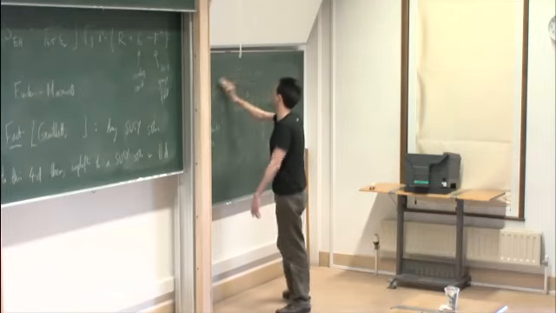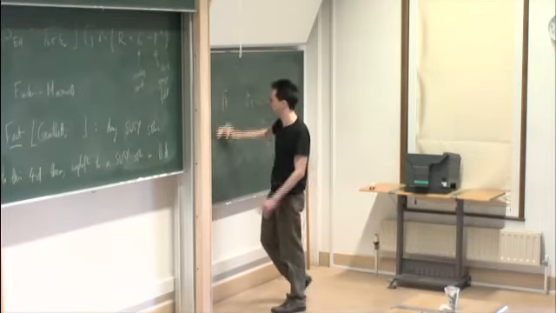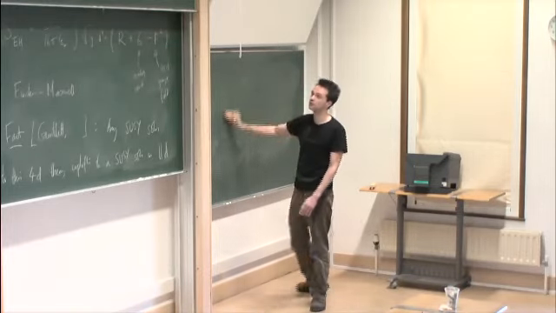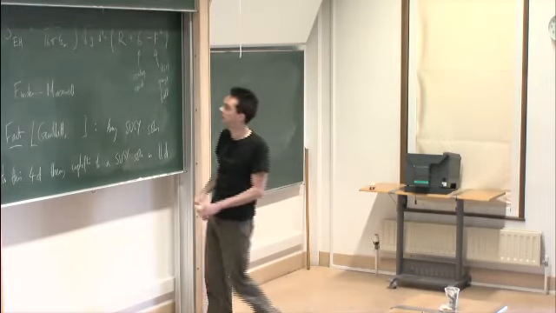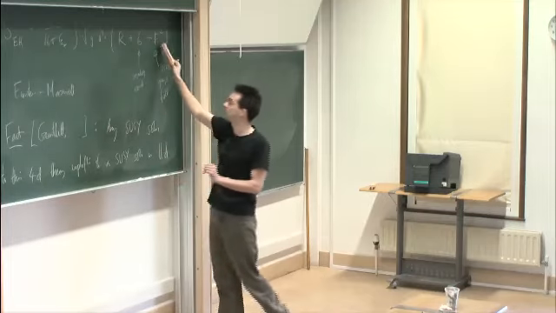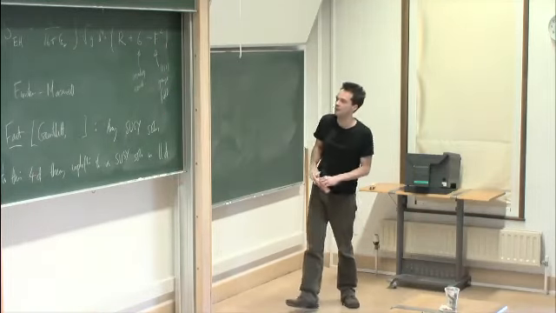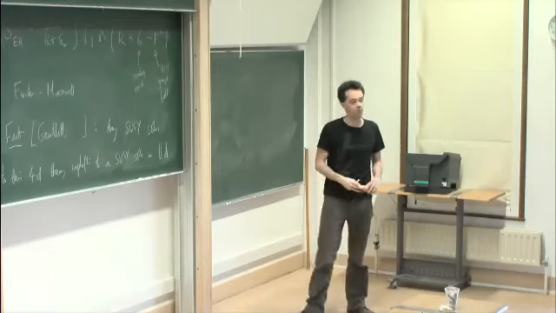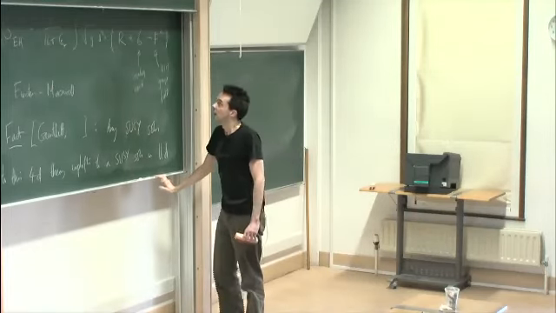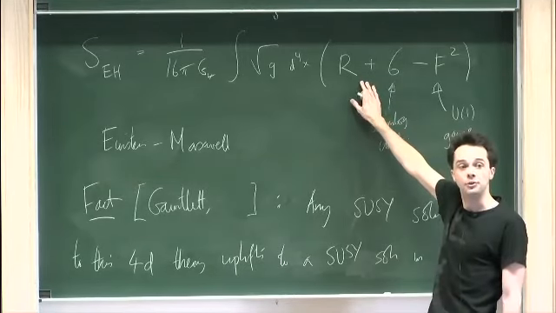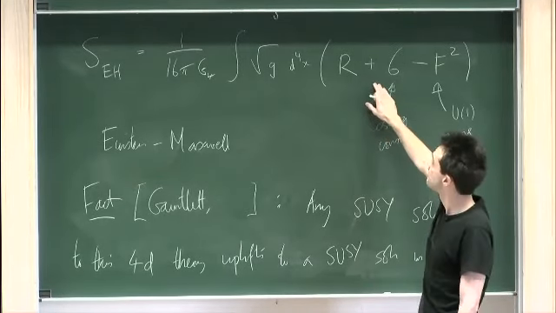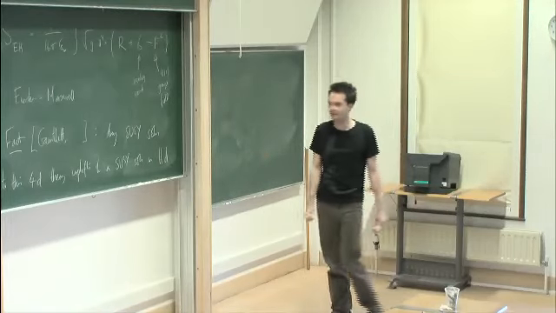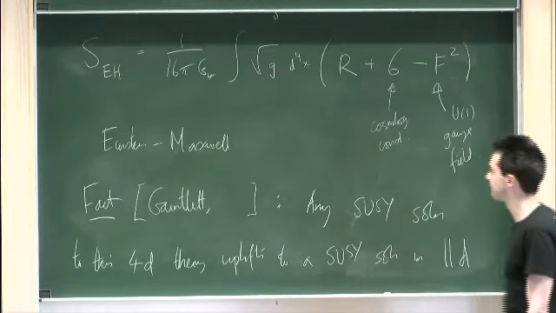Okay, so another way of saying that is that there's a consistent truncation of 11-dimensional supergravity to this 4-dimensional gauged supergravity theory, which keeps just the metric and a U(1) gauge field. And because of that, any supersymmetric solution I have here uplifts to an 11-dimensional solution. So for example, AdS4 is obviously a solution to this theory, maximally supersymmetric, and this will uplift to AdS4 times S7 via this uplift.